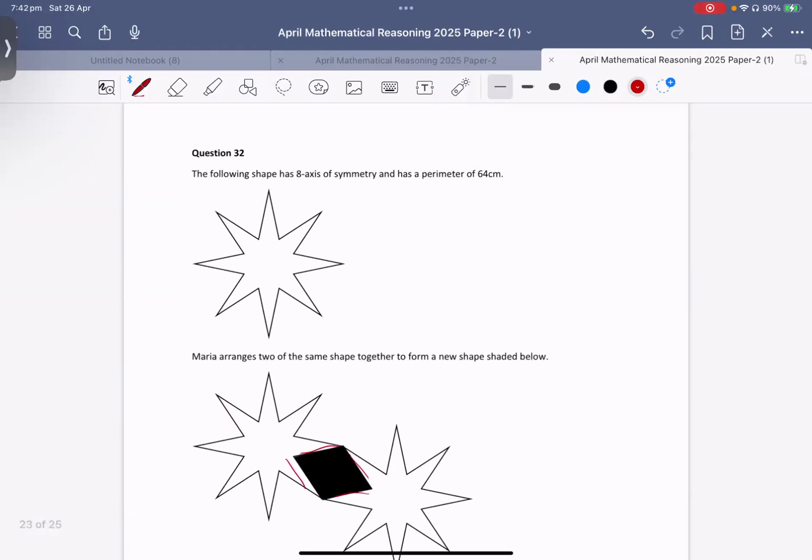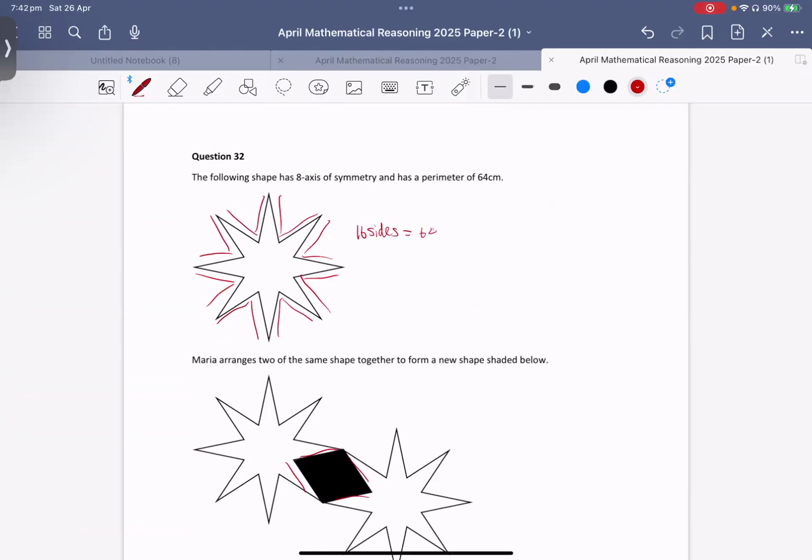This star here has 1, 2, 3, 4, 5, 6, 7, 8, 9, 10, 11, 12, 13, 14, 15, 16 sides. And we know those 16 sides added all together gives us a perimeter of 64 centimeters, meaning that one side, if you divide both sides here by 16, should give us 4 centimeters as the side length of the star.